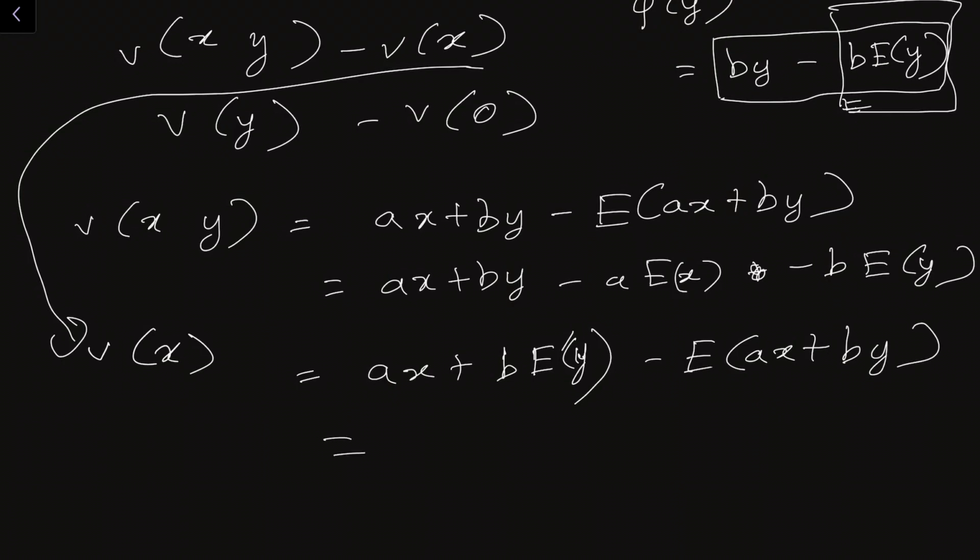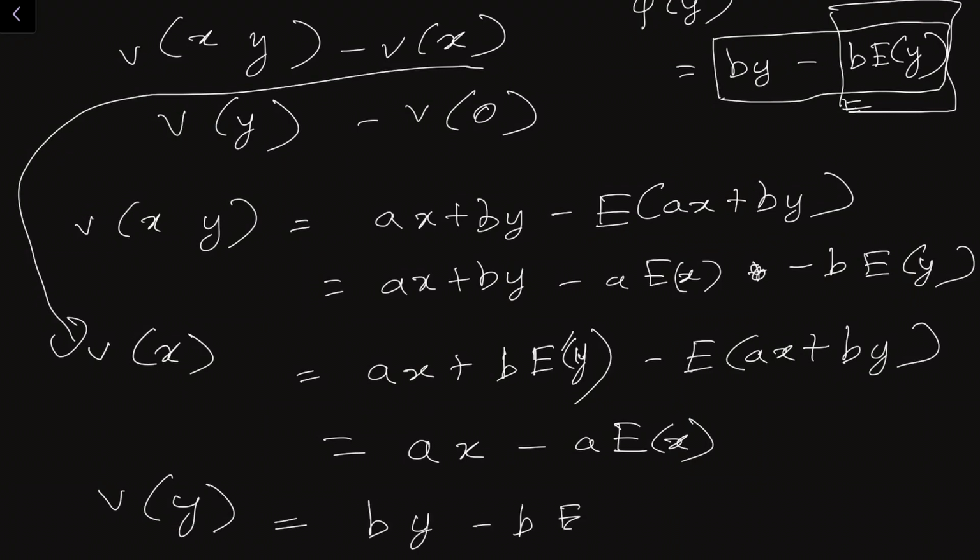So that will come out to be ax minus a expected value of x. So this and this will get cancelled. Now similarly Vy will come out to be by minus b expected value of y, and V0 will come out to be 0.